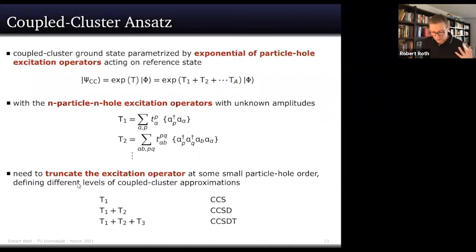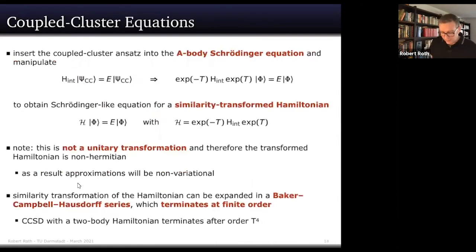Now the question is, good, that's an ansatz for my wave function. How do I solve the problem? And the unknowns now are these amplitudes. I don't know them. In order to get there, I plug this ansatz into the Schrödinger equation, H psi equals energy psi.